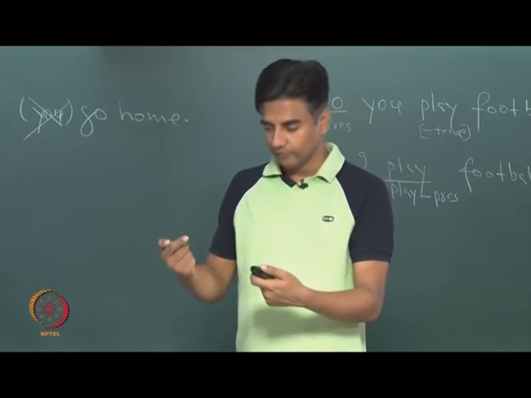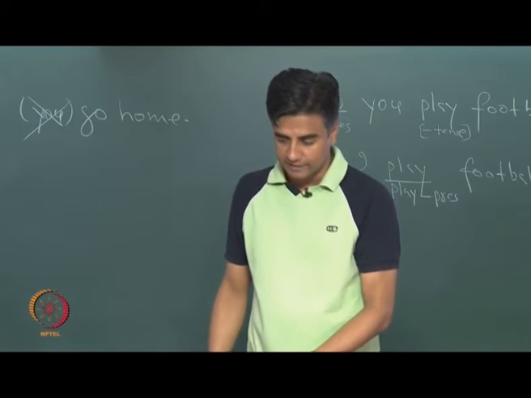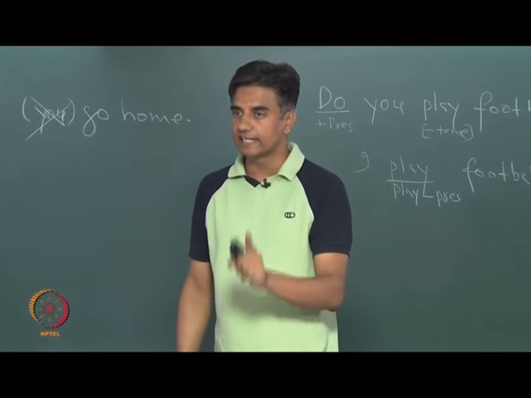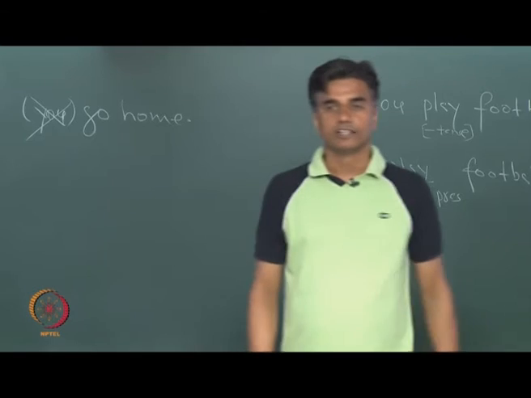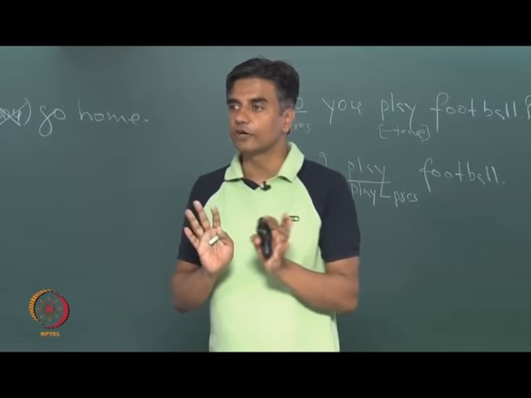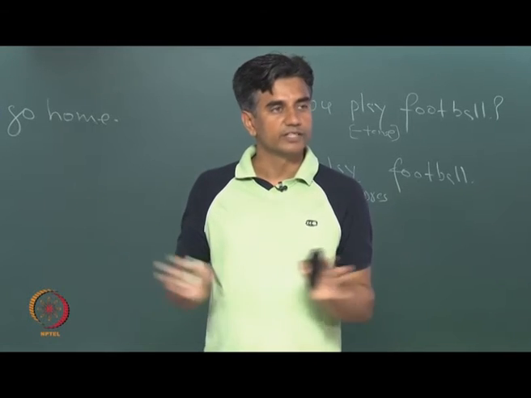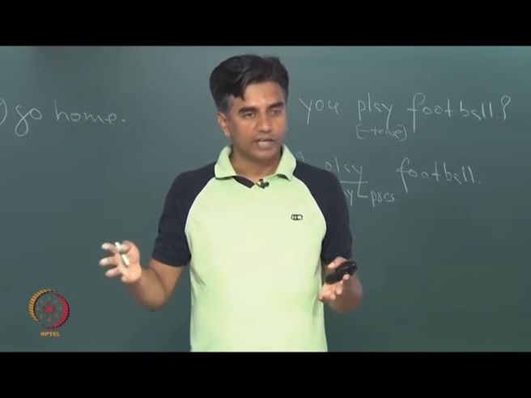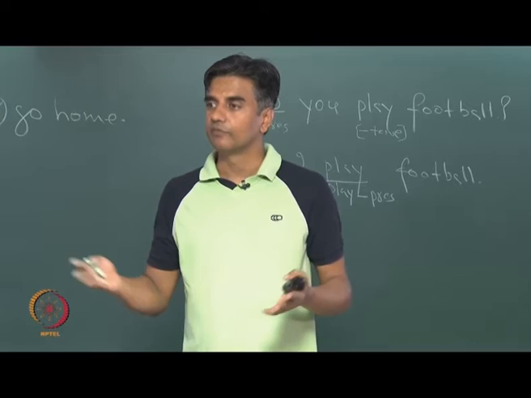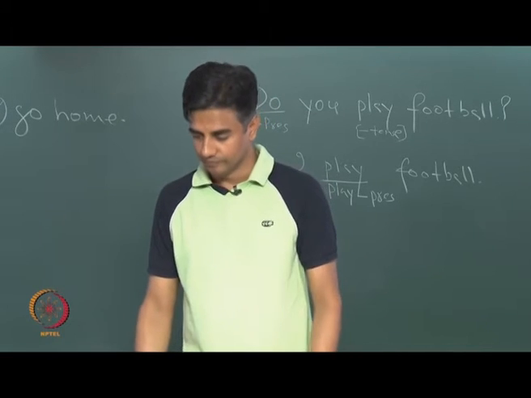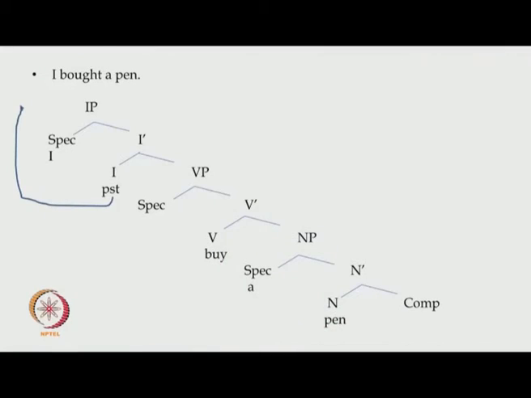So apparently what becomes clear to us by looking at a question sentence and this structure is that a question sentence cannot be contained within IP. An IP is not sufficient for a question sentence. Then what can help us understand this?